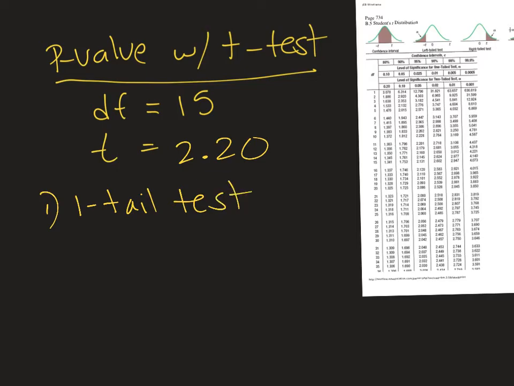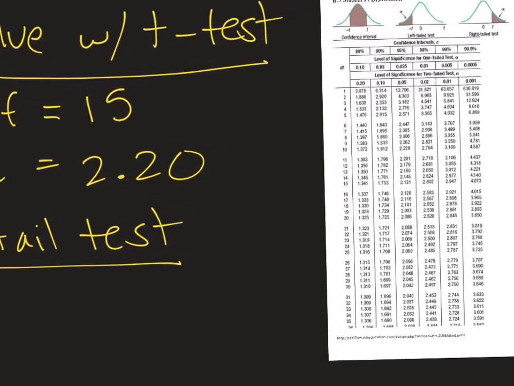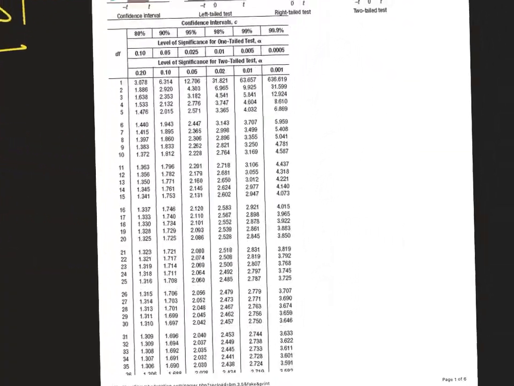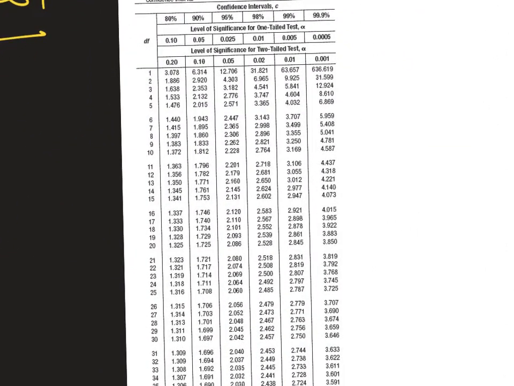Let's go to our t-table here and zoom in. We have 15 degrees of freedom. We got 2.20 as our test statistic. So let's look for 2.20 in this range. That's going to be somewhere between 2.131 and 2.60.